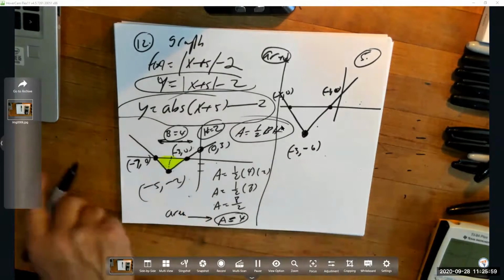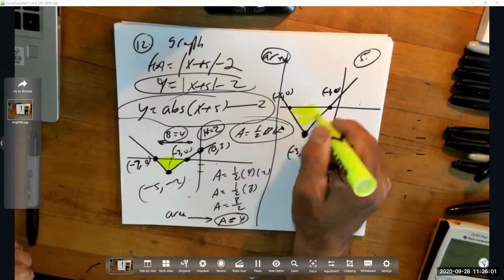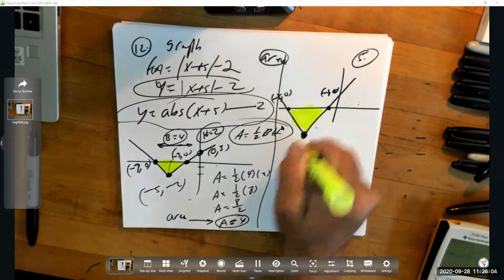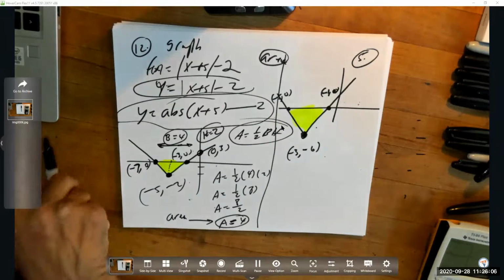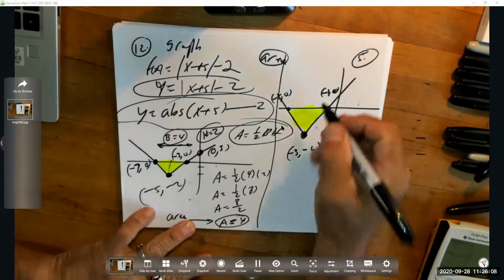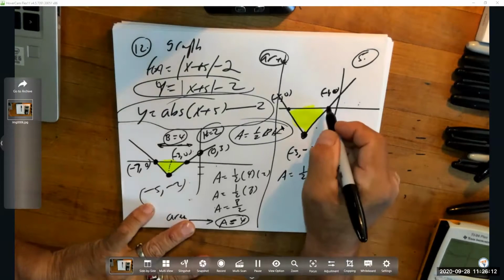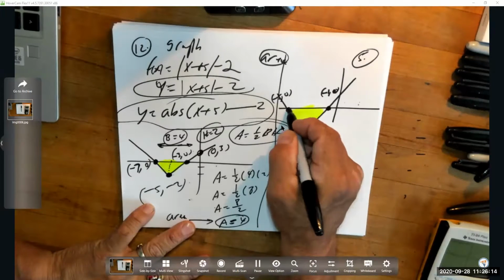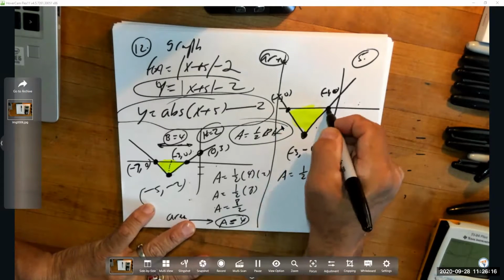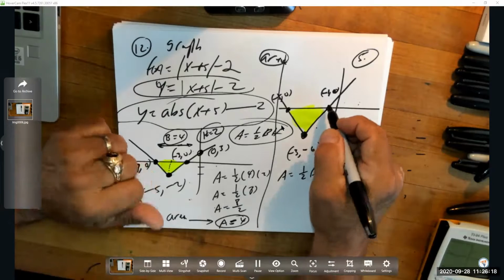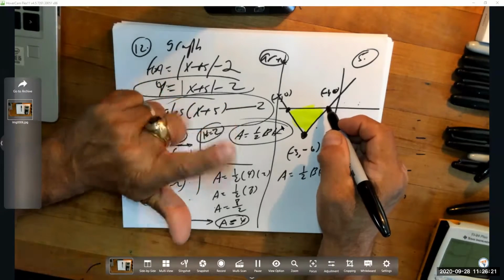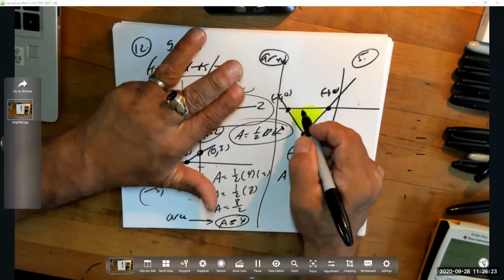So now I'm gonna find the area again of this thing right here. Okay, how do you do that? Let's see. So area, what is it? Area equals 1/2 base times height. All right. So the base, to go from here to here, you're starting at -1, right? So you're gonna go -2, -3, -4, -5.